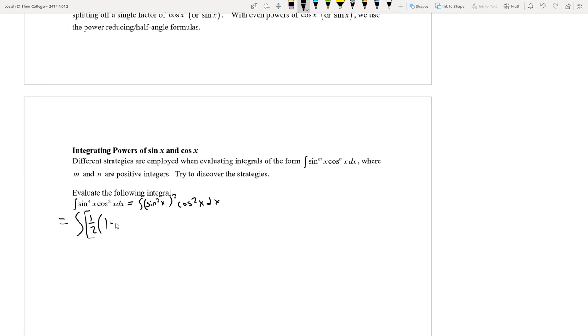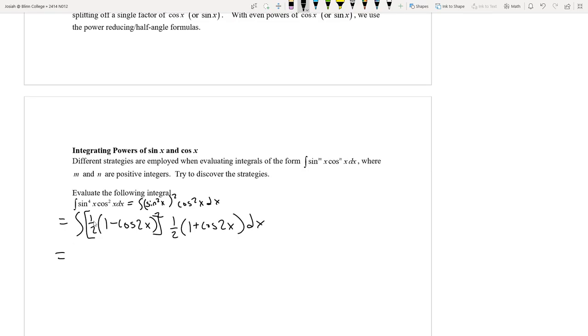And so we've got 1 minus cosine of 2x, all squared. Sorry, that square should go on the outside of the brackets. And then over here, we've got 1/2 times 1 plus cosine of 2x dx.